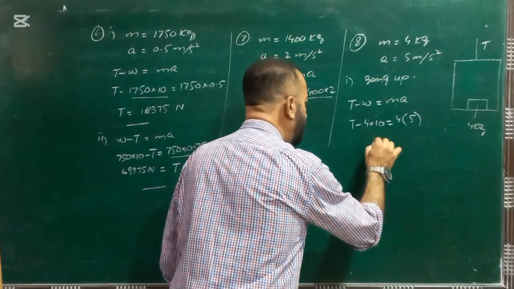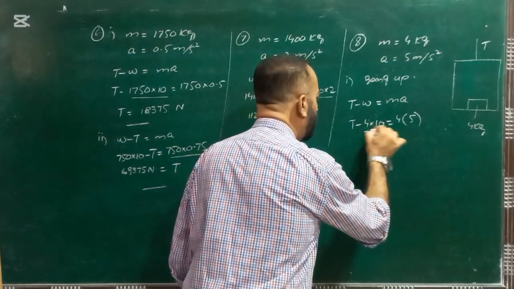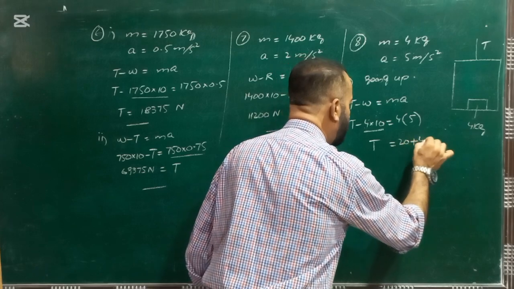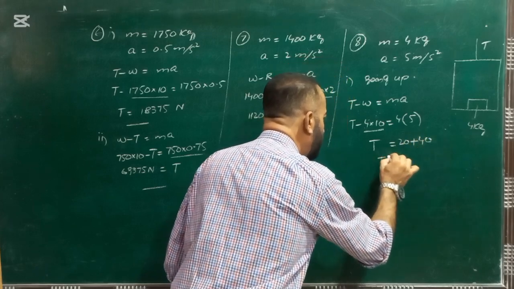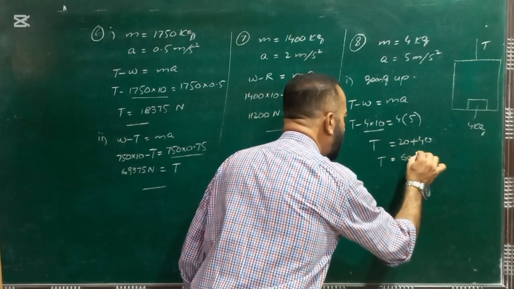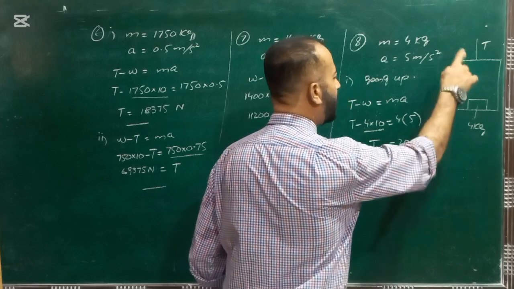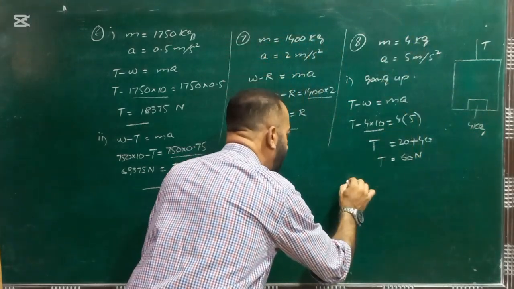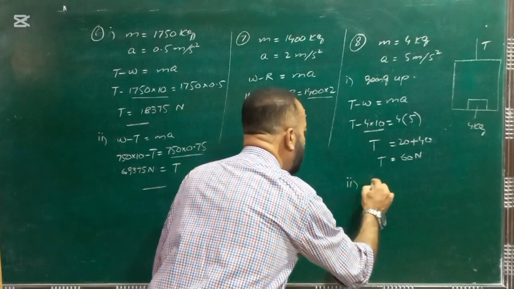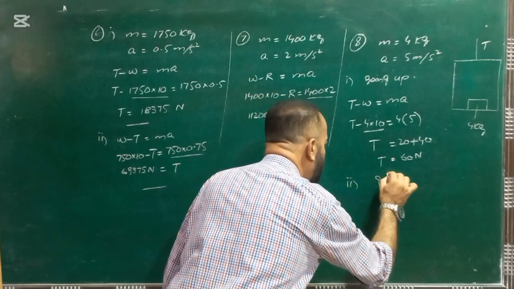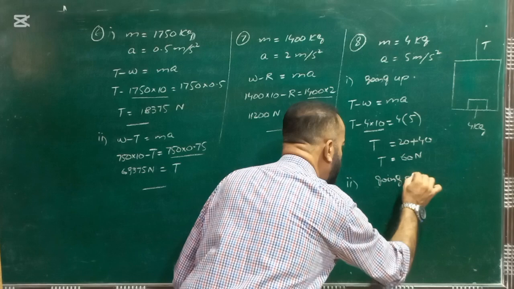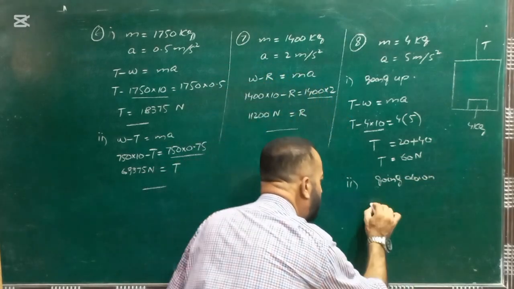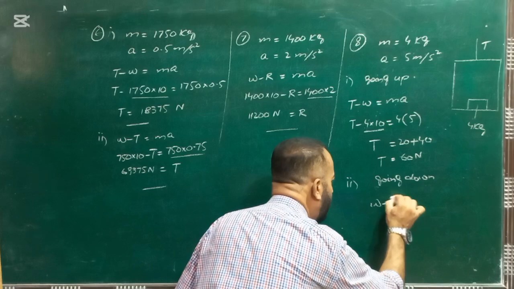Tension is the requirement. Weight is 4 multiplied by 10, because W is equal to mg, is equal to m, that is 4, into a, that is 5. Okay, from here, this factor will go to the right hand side. So 20 plus 40 will be equal to 60 Newton, which is the tension in the string when the container is going up. In the second part, it is given that the container is going down. So when going down, it means the weight will be greater than the tension in the string.